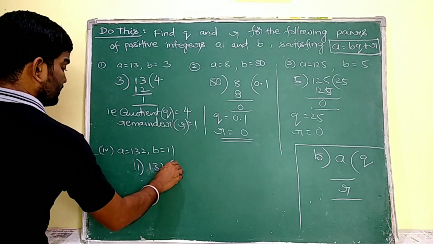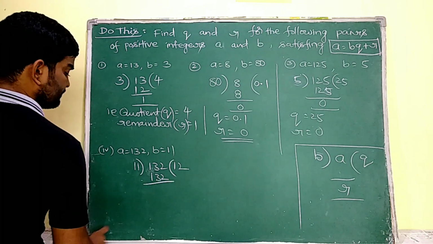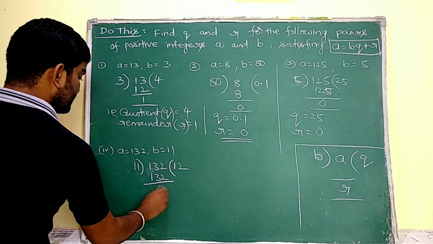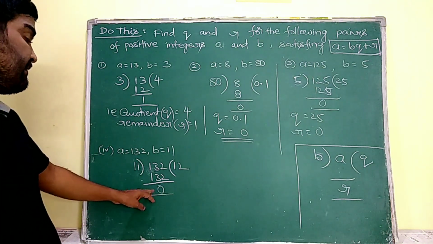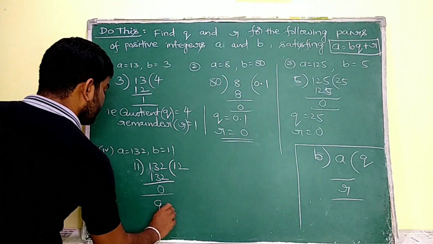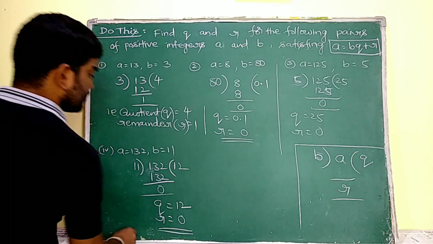So 11 12s are 132. Understand? So the remainder is 0. In this way we are going to do the divisions. Here we have to write q is equal to 12 and remainder r is equal to 0.